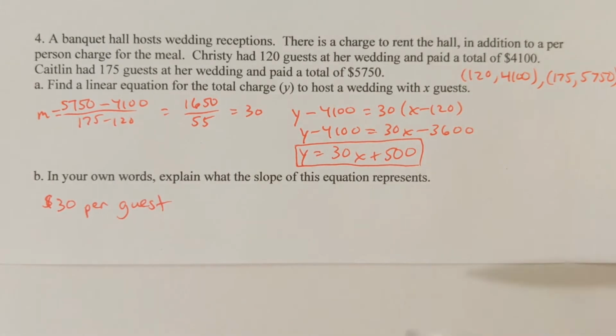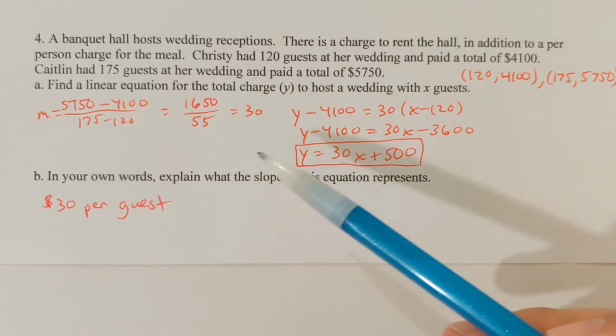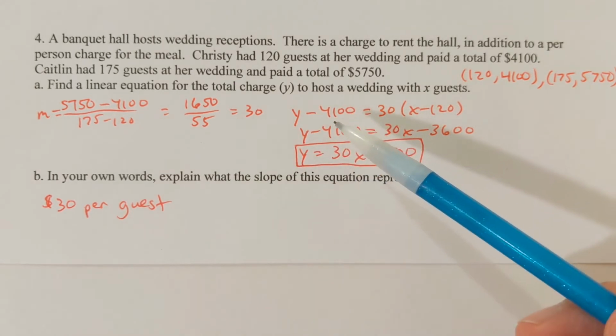Problem 4, a banquet hall hosts wedding receptions. There's a charge to rent the hall in addition to a per-person charge for the meal. Christy has 120 guests at her wedding and paid a total of $4,100. Caitlin had 175 guests at her wedding and paid a total of $5,750.